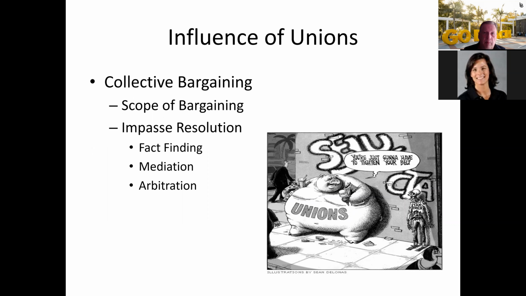Most public employees are unionized, and so they will be represented by a bargaining unit. Those bargaining units then end up negotiating the terms of the contract with the agency, with administration, and the resulting contract, the collective bargaining agreement that comes out of those negotiations, will then stipulate various aspects of the job.